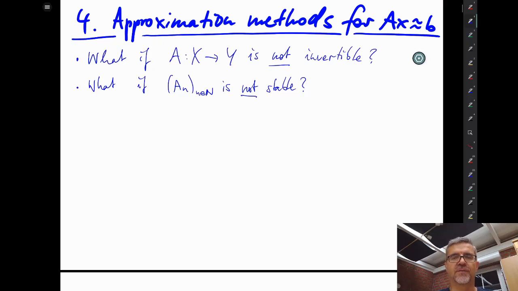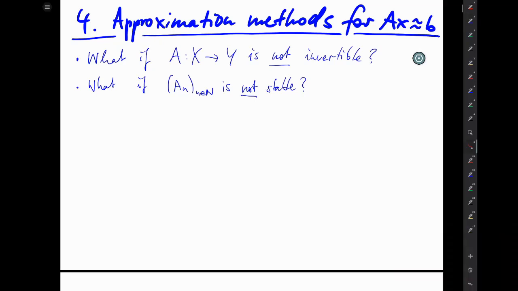Okay, that could have different reasons. It could be a problem with invertibility, or it could be a problem with the inverses, or both could be wrong. We will see and we will learn how to deal with that. One of the key words here is regularization, and you will see what about that.